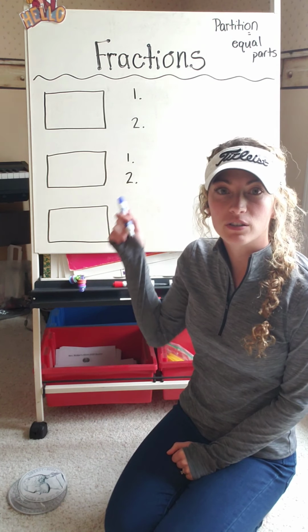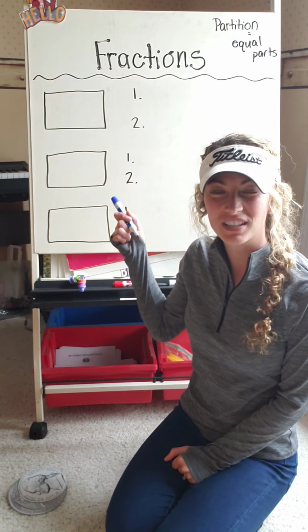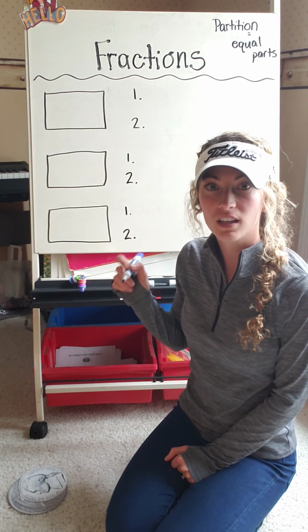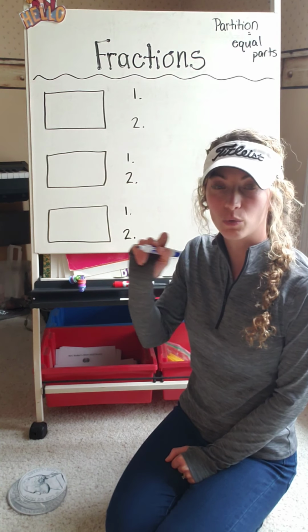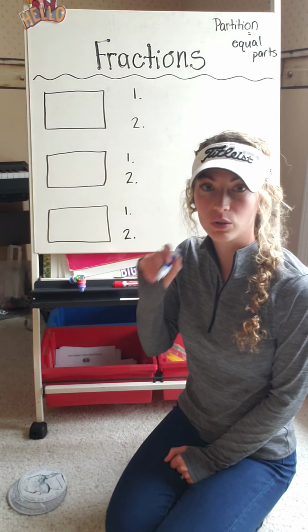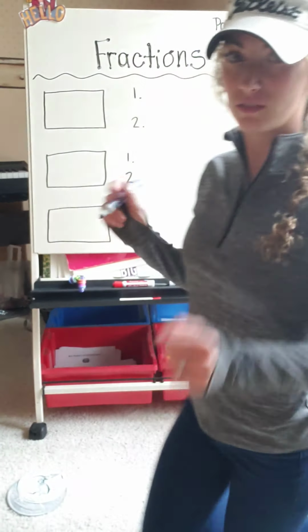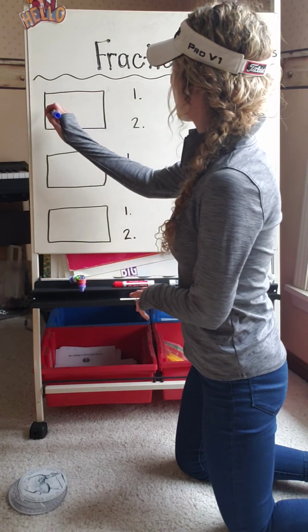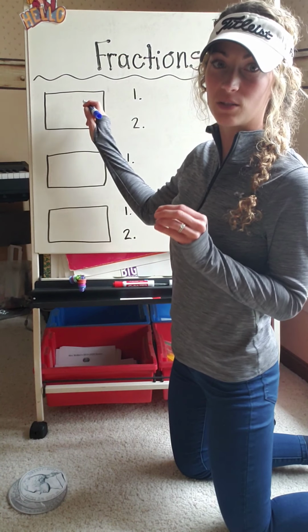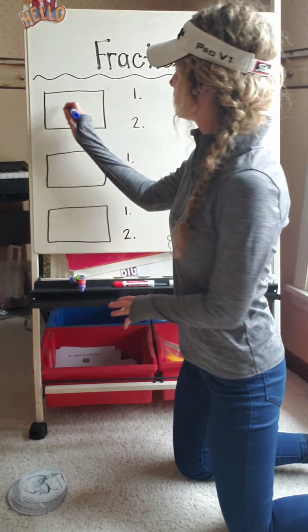So the very first, we'll just call them squares, that we are going to partition, we're going to make 2 equal rectangles inside the square. So remember, when we partition, they have to be equal parts.